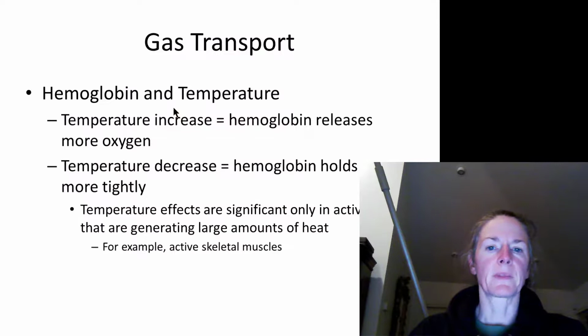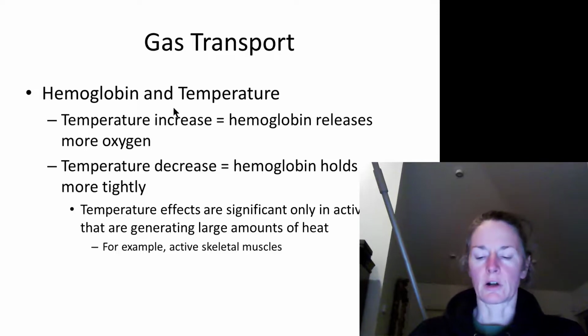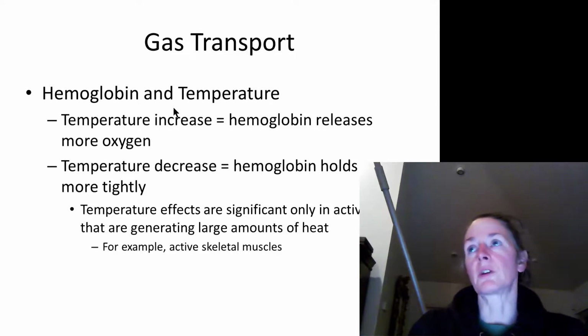So that makes sense. All right, now temperature is another thing that's going to affect our curves. When the temperature decreases, hemoglobin is going to hold on to oxygen more tightly.